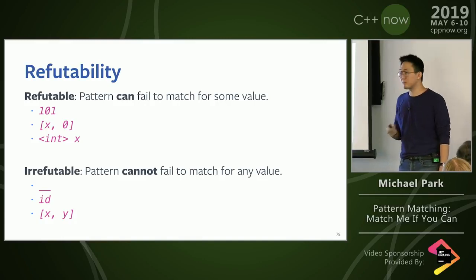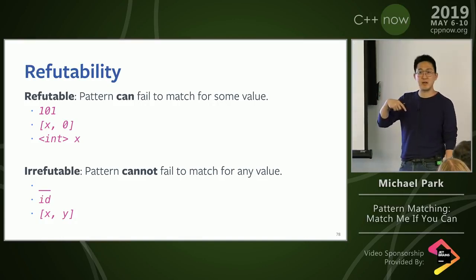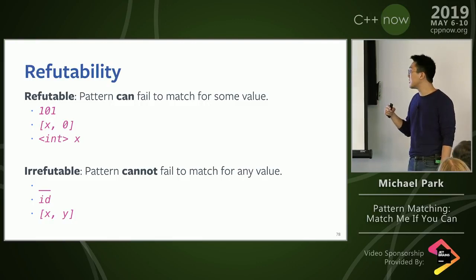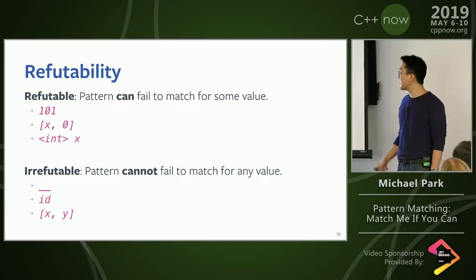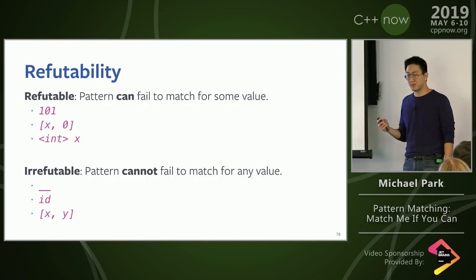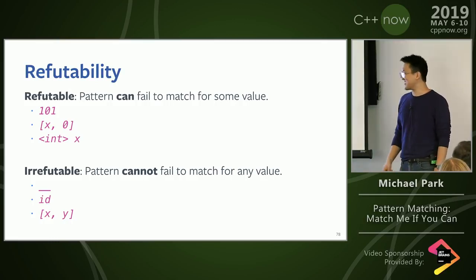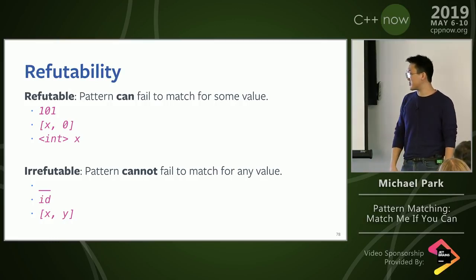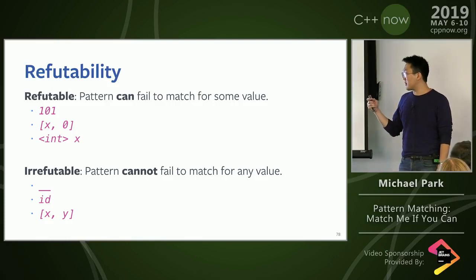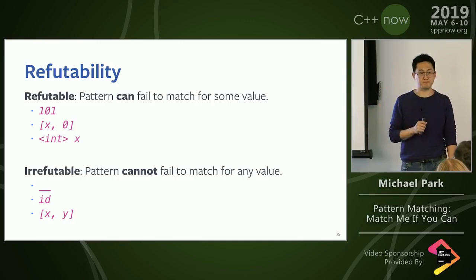Examples are literals inside compound patterns, or things like variants that would potentially not match, right? On the other hand, irrefutable patterns cannot fail to match for any value. Underscore is an example of that. An ID expression, or compound patterns that consist of only irrefutable patterns, remain irrefutable.